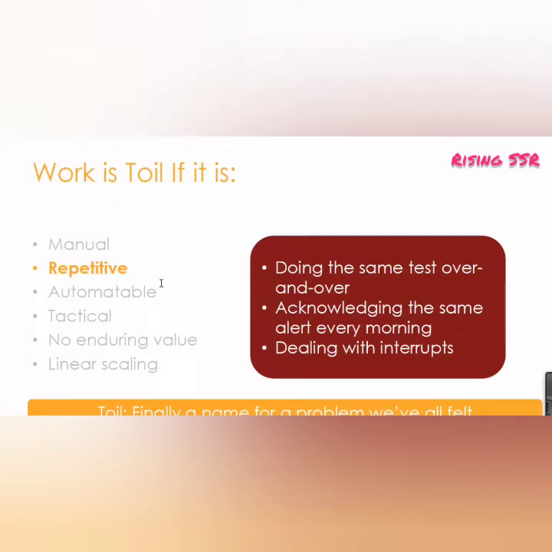Or if you are getting the same alert, let's say that every morning you are getting an alert saying that your CPU is running 90%. It's a repetitive alert that you get every morning, right? What are you doing to solve it? Have you automated it, right?